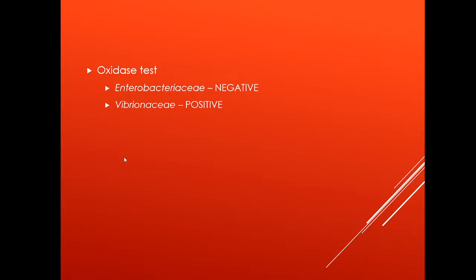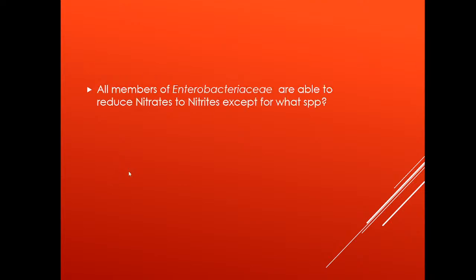We're just jotting down some of the general characteristics, just for you guys to get a little bit of warm up. Now, all members of the Enterobacteriaceae family reduce nitrates to nitrites except for what species? The Erwinia species.